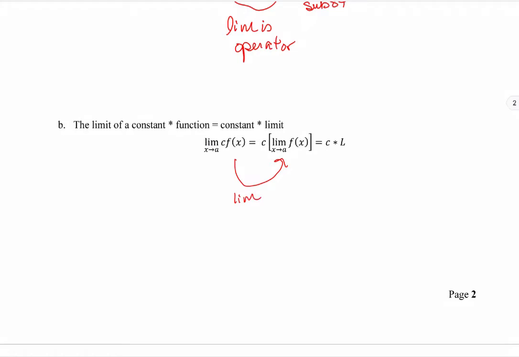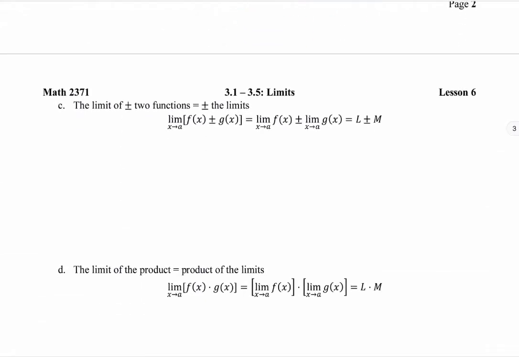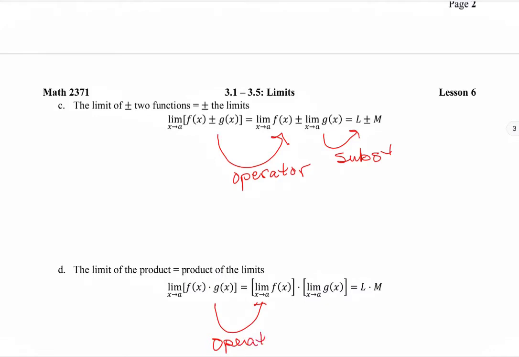And here to here, I'm using substitution. Again, I'm using the operator, and substitution, and again, operator, and substitution.